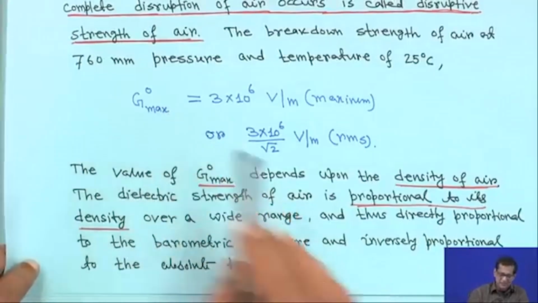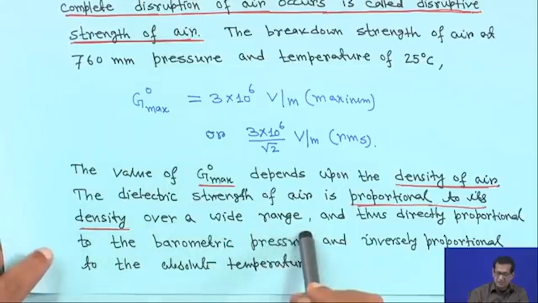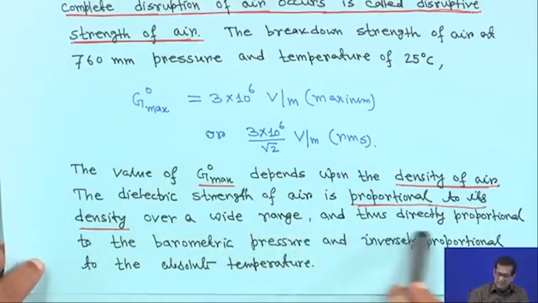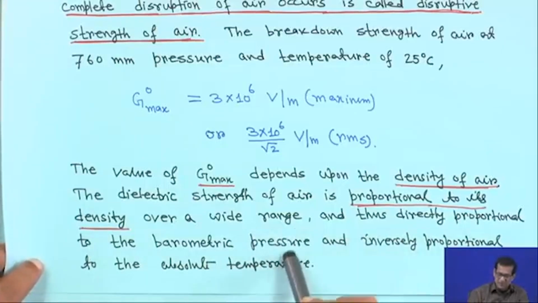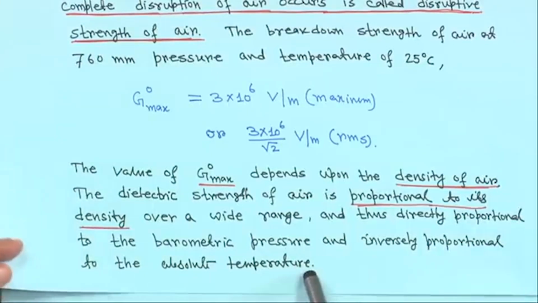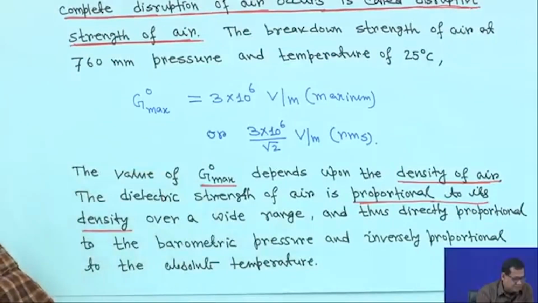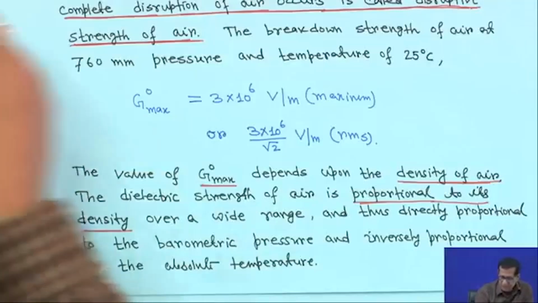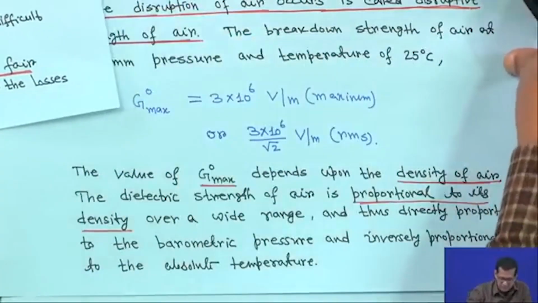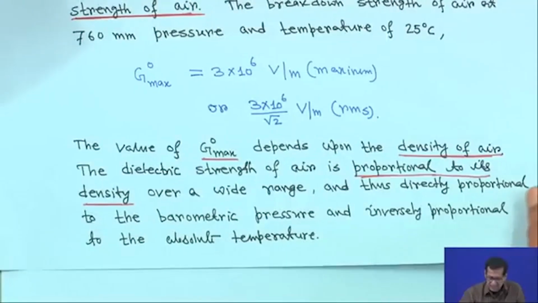The dielectric strength of air is proportional to its density over a wide range, and thus directly proportional to the barometric pressure and inversely proportional to the absolute temperature. Based on that, some formula has been proposed for the air density factor.